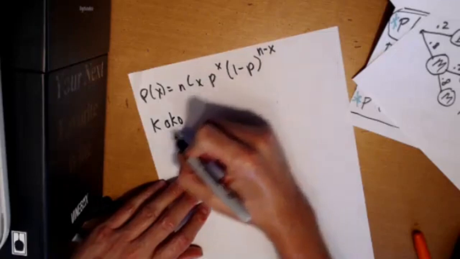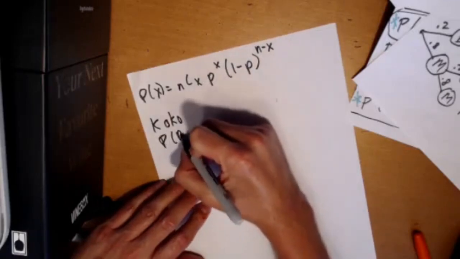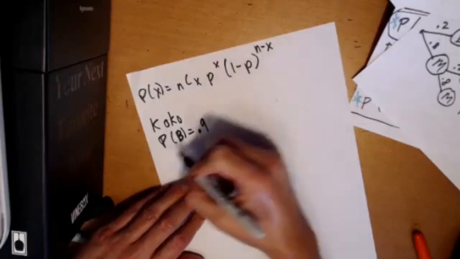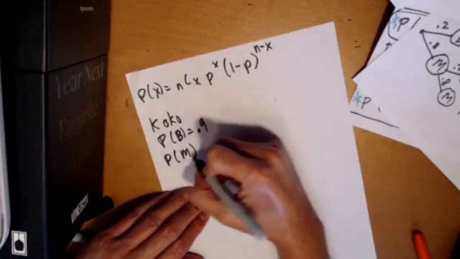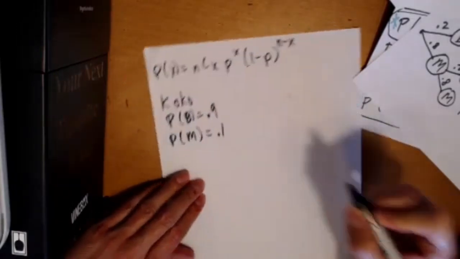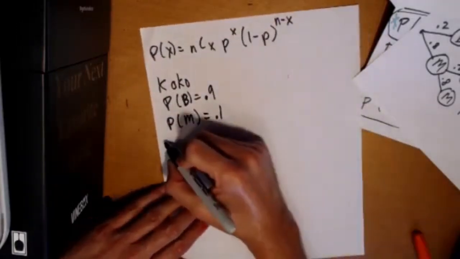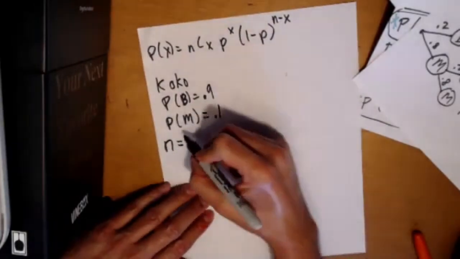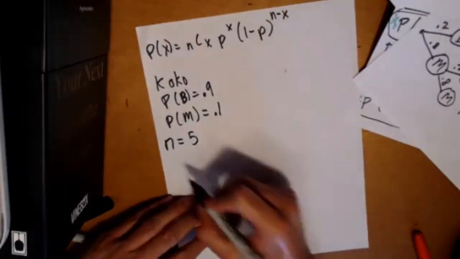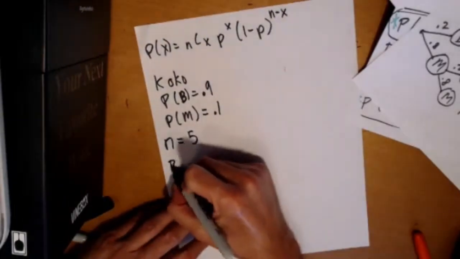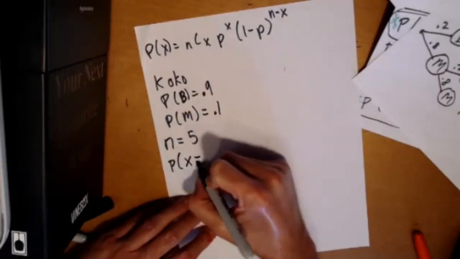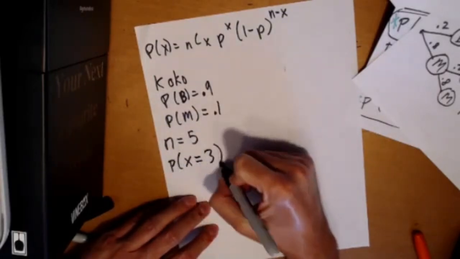The probability of Coco making a basket is 0.9, and the probability of missing, because it's binomial, has to be 0.1. Let's say Coco attempts n equal 5 shots, and we're interested in the probability of making exactly x equal 3 of them.